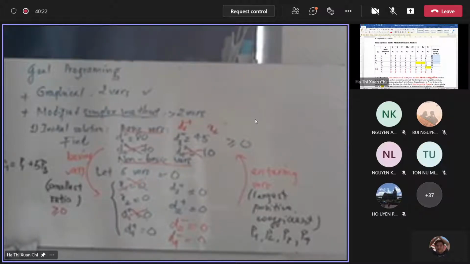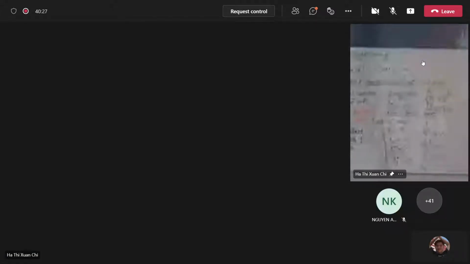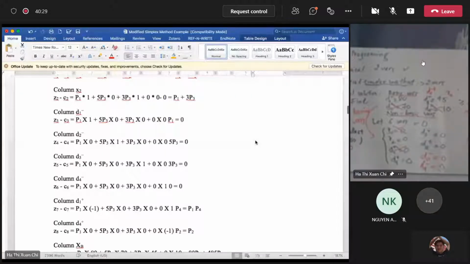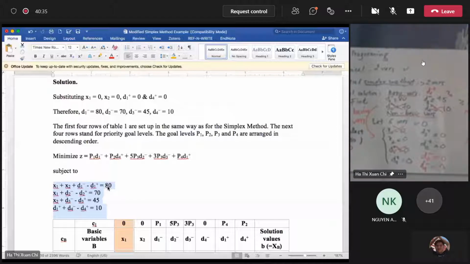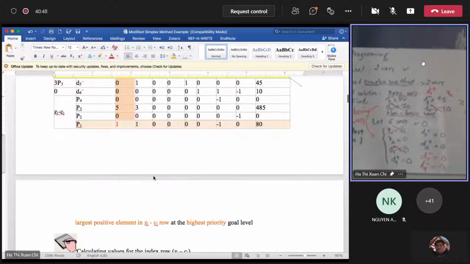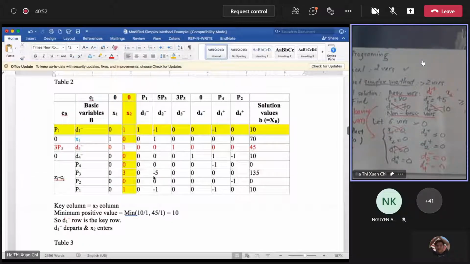So you take the number here, you substitute in the goal program and that is the goal constraint, right? So you will get the value. If that is the profit, or maybe the hour, maybe the overtime, you just substitute here. You get the goal.